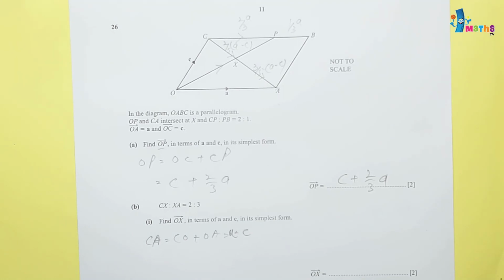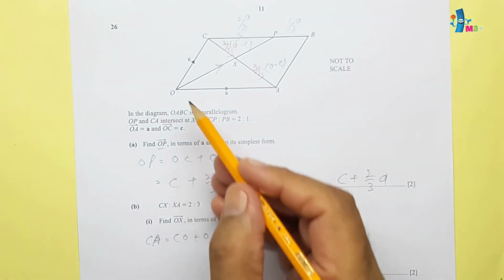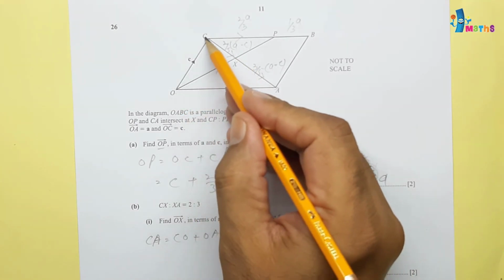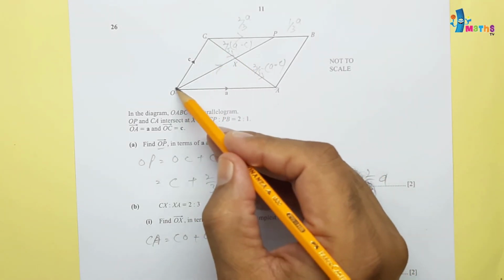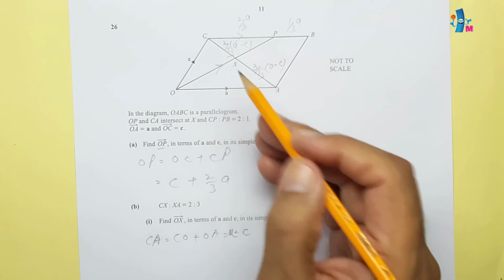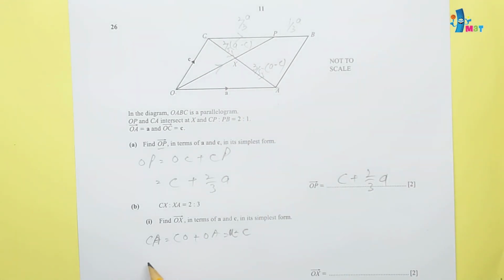Now we can take this route for OX, we can take this route and this one. So it will be C and this one. So we will write OX is equal to OC plus CX, and I will move the page a little above.